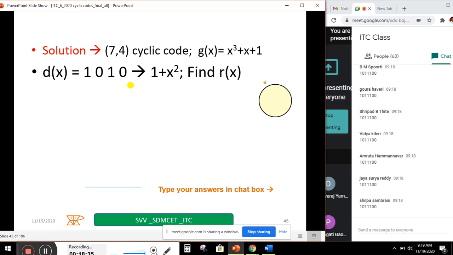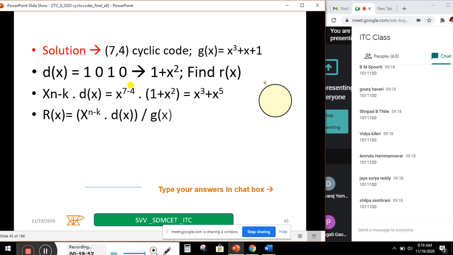You have to find r of x. x raised to n minus k times d of x will become x to the 5 plus x cube. Next I have to divide by g of x: x raised to 5 plus x cube divided by x cube plus x plus 1.